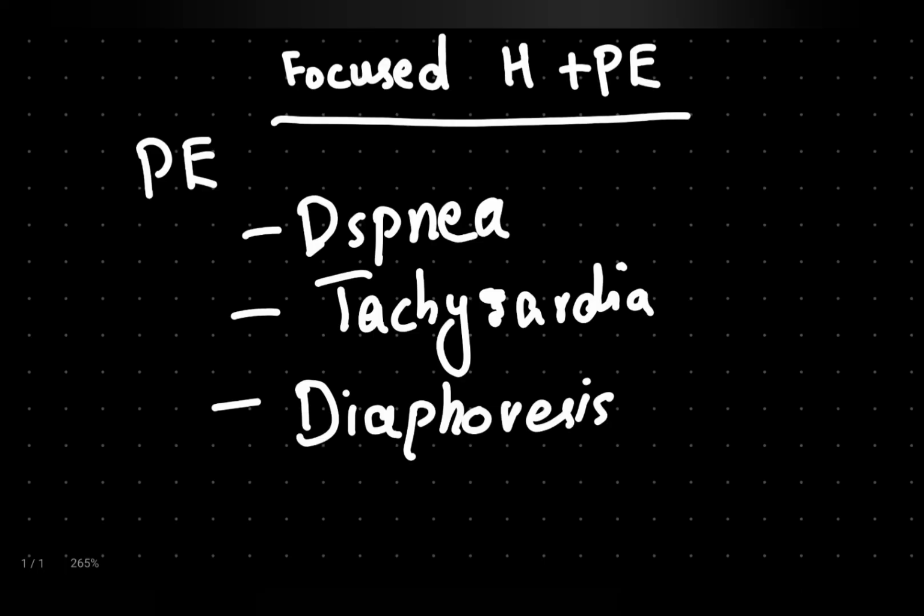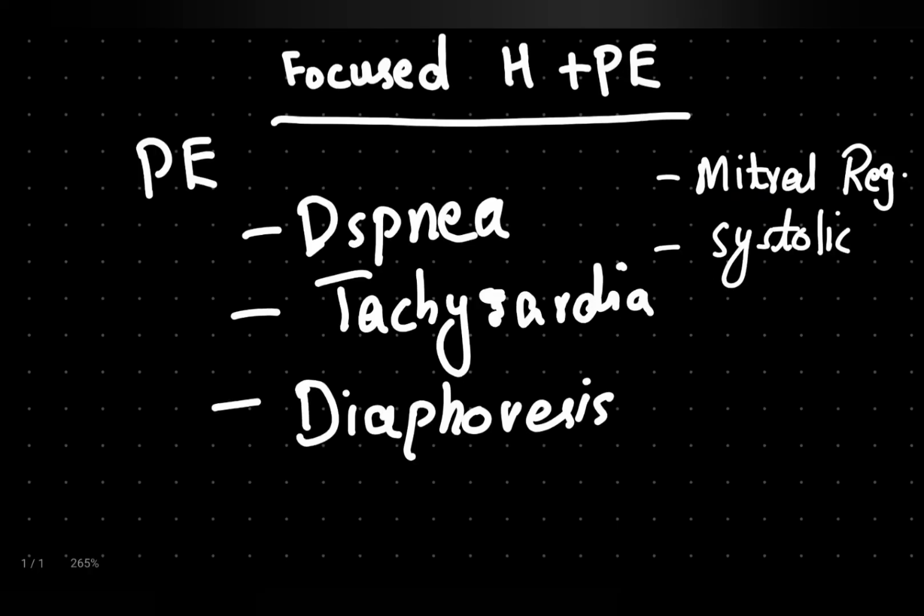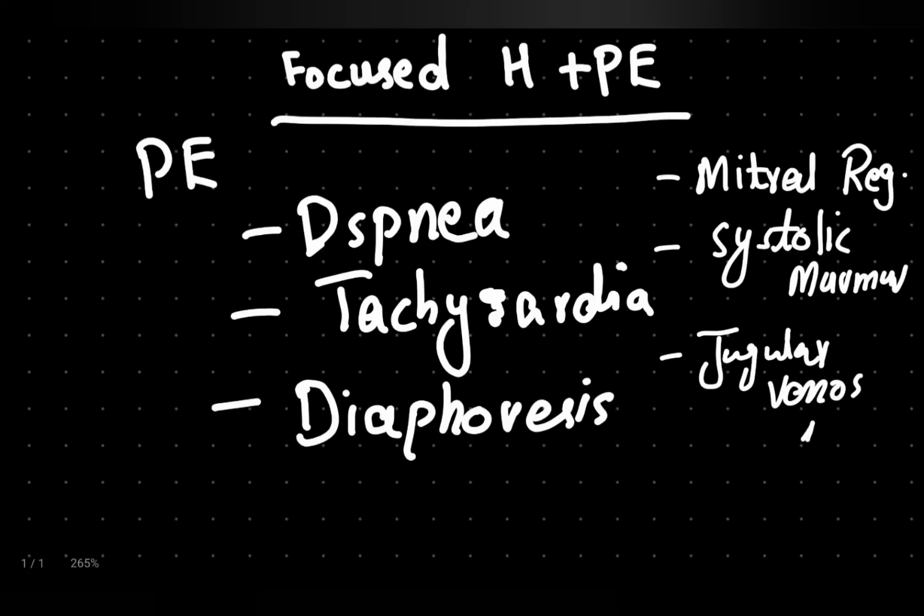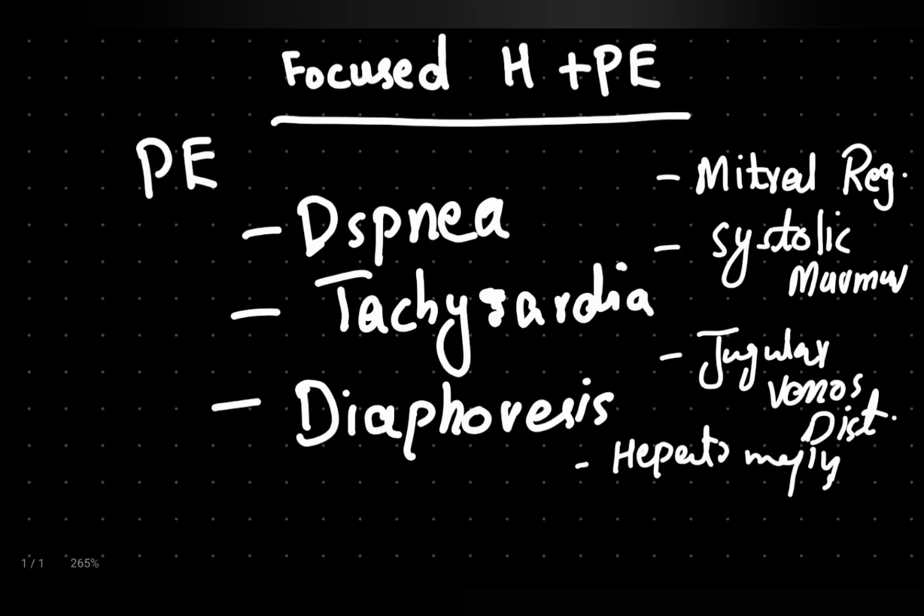When there is injury to the papillary muscle, it can show with mitral regurgitation, a new systolic murmur, jugular venous distension, hepatomegaly, lung crackles, and lower extremity edema.